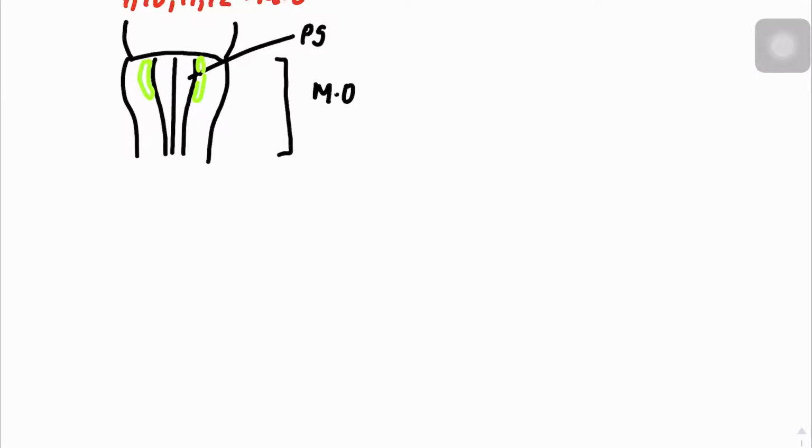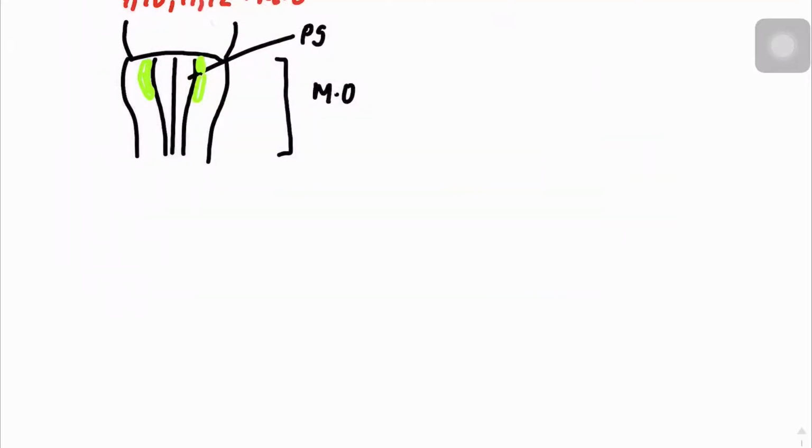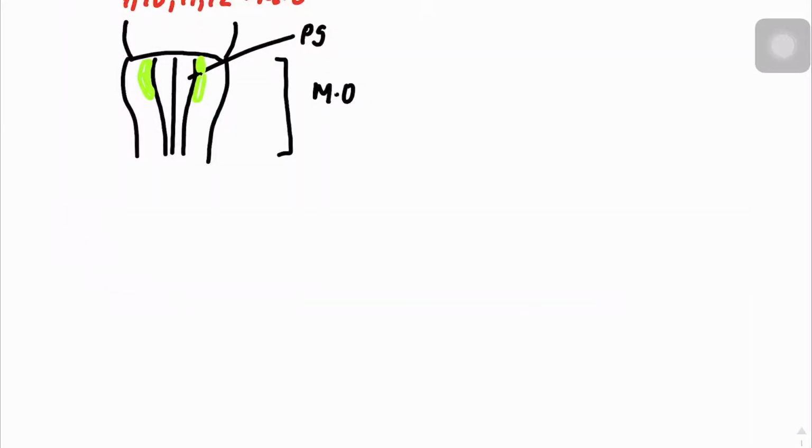This represents the inferior olivary nucleus within the medulla oblongata. So I'll just label them here: inferior olivary nucleus.